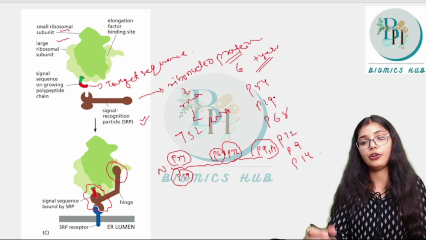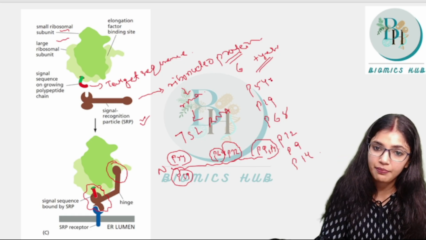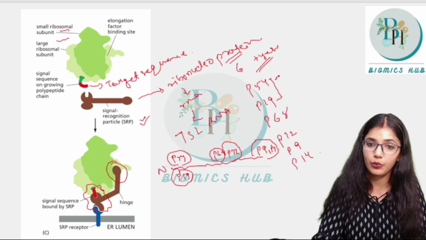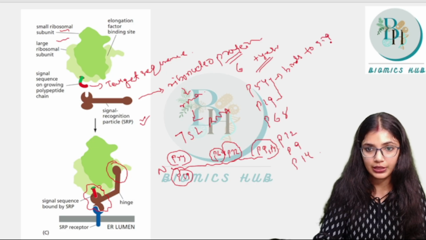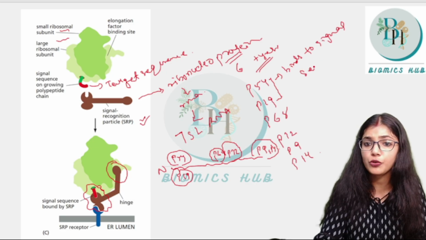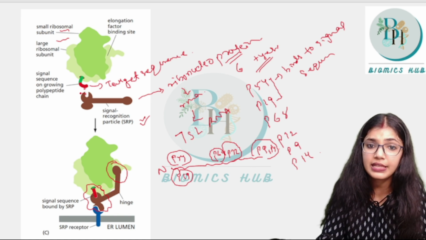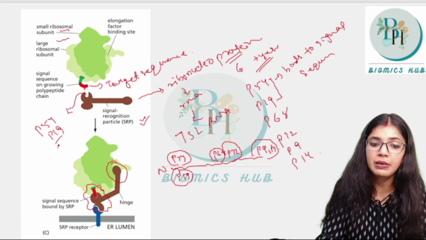So what are the functions of the specific proteins? P54 and P19 bind to the signal sequence. Here is the signal sequence, and here the proteins P54 and P19 will be present.